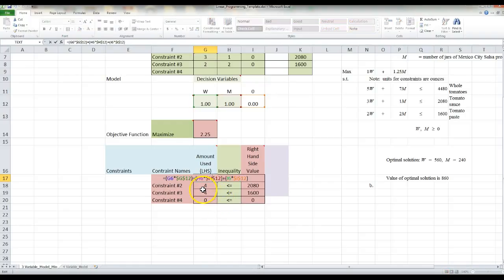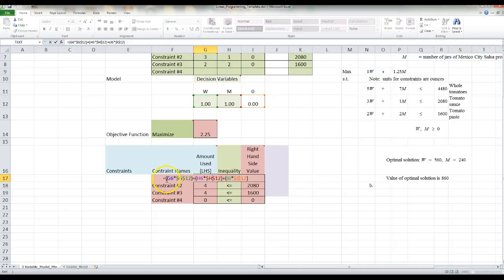And let me go back to this first constraint equation, and what you can see is when I typed in that constraint equation, I put a $ in front of the column and the row reference in order to anchor this cell value. I did that because I'm simply going to copy this equation down to the other constraint equations.